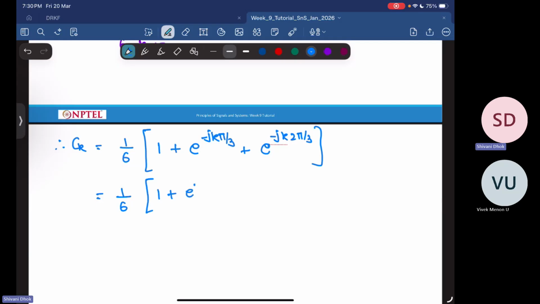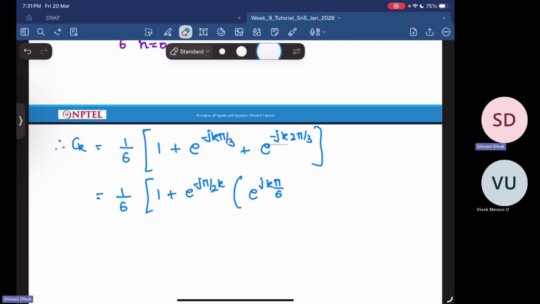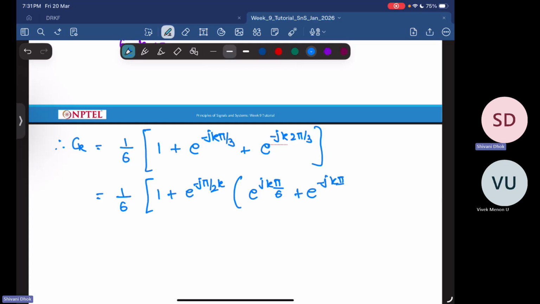So e power minus j pi by 3 k, and that will leave me with e power j k pi by 6 plus e power minus j k pi by 6. Okay.